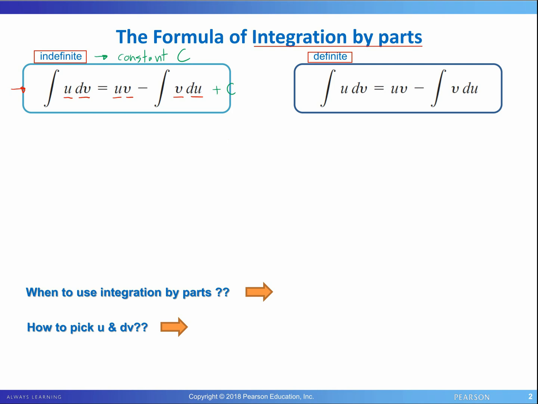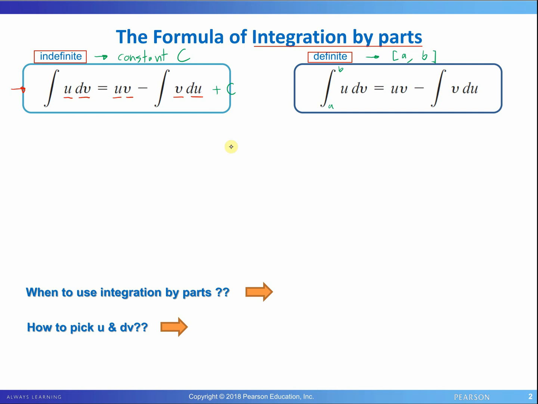And now for the definite integral, we expect to see a starting point a and the endpoint b, which should show up right here, integration from the starting point a to the endpoint b. And this a and b has to appear on the right-hand side of this formula too. So u times v that we have right here is not just uv.